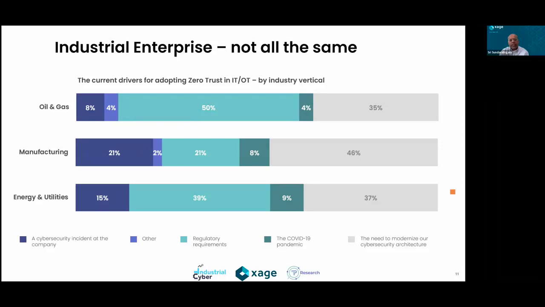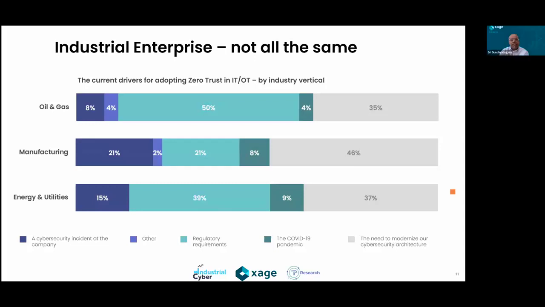A directive was rolled out from the Department of Homeland Security, specifically TSA, who oversees oil and gas pipeline operators here in the U.S. That created a lot of movement to modernize cybersecurity programs, everything and anything from better credential management at an asset level to improving the overall security posture in the environment. So not very surprising to see those results. And in energy and utilities, as you mentioned, NERC-CIP has been in place for a while, so compliance is a huge driver there.